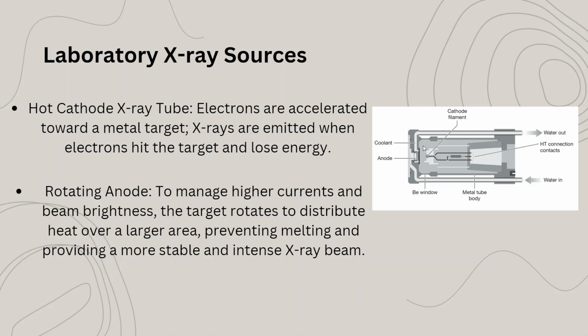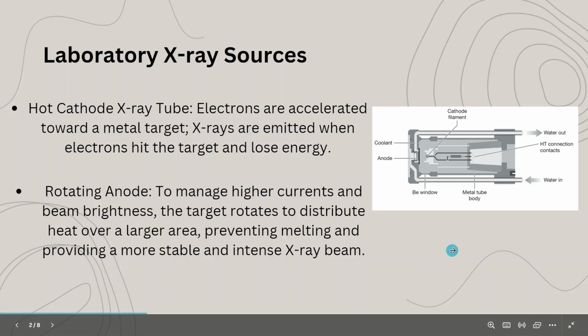So the heat is spread out, which is beneficial. This is a method to reduce heat: a rotating anode prevents melting, and we also get a more stable and intense X-ray beam.